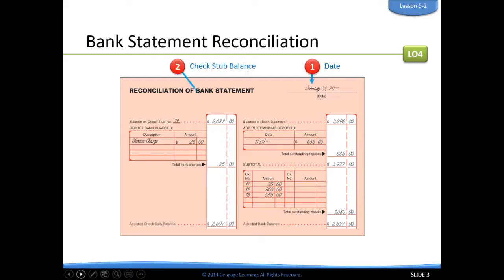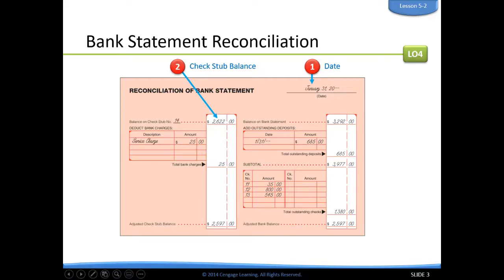All right, so these are the steps we'll go through. The check stub is the checkbook side. So we're going to look at our checkbook and see what it says. We'll take care of any service charges and add that to our checkbook as well, and then figure out what that number is.